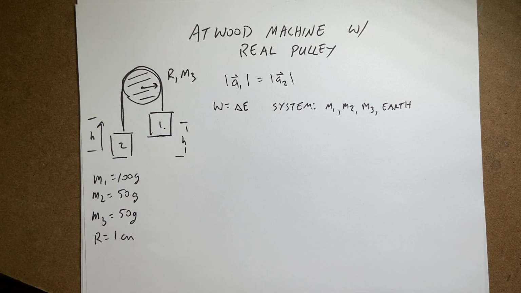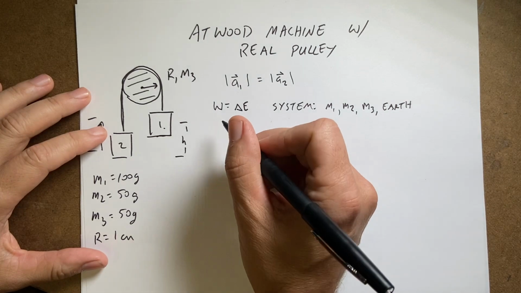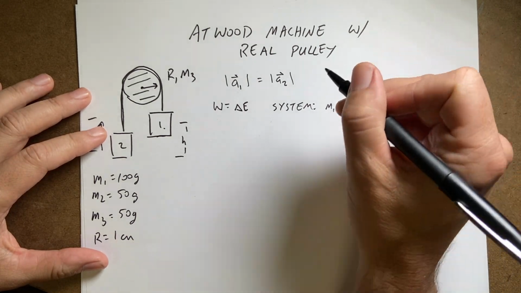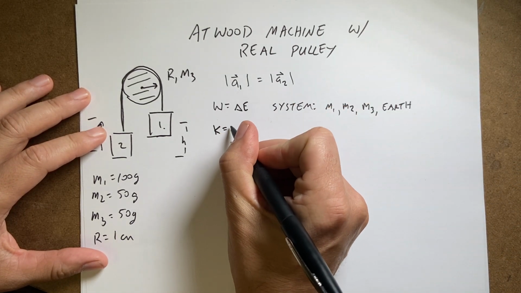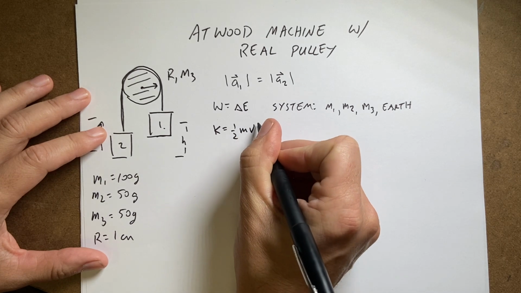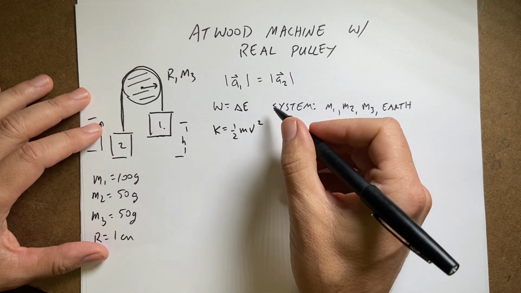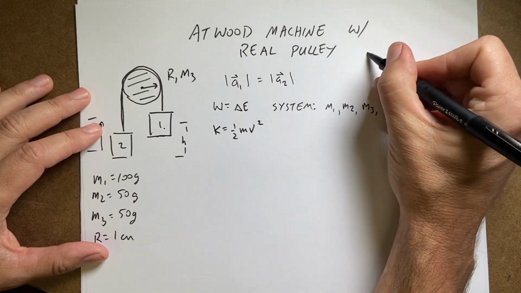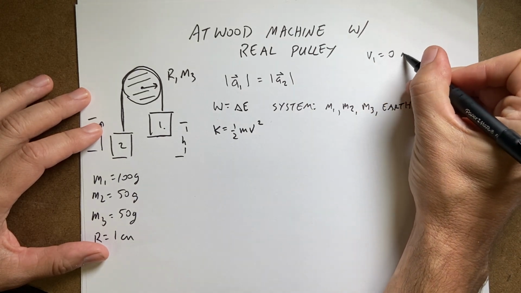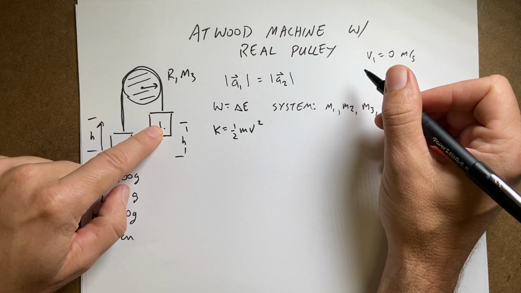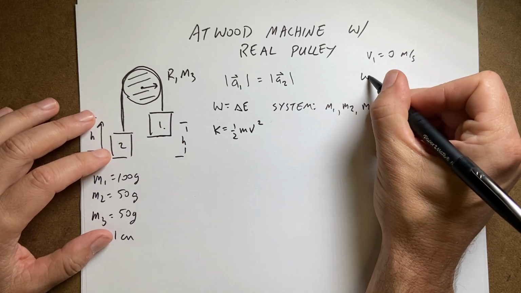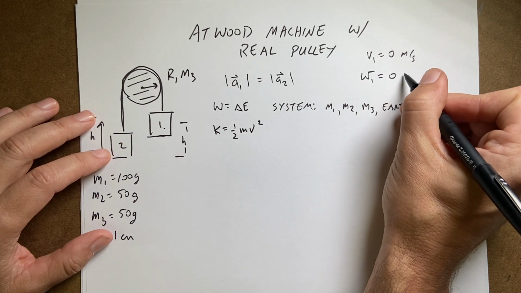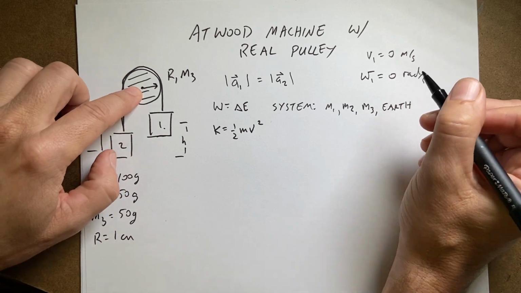So the total work on the system is 0. So I can say, up here, there's a couple things. I have the kinetic energy is 1/2 mv squared, and I'm going to say v1 equals 0 meters per second. That's the velocity of that and that. And I can also say omega 1 equals 0 radians per second. That's the angular velocity of that.